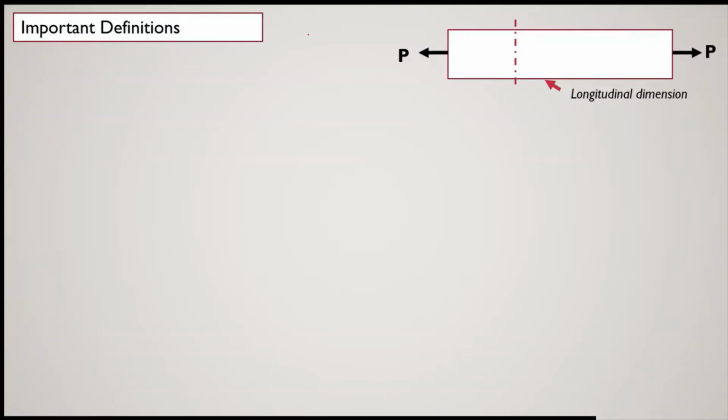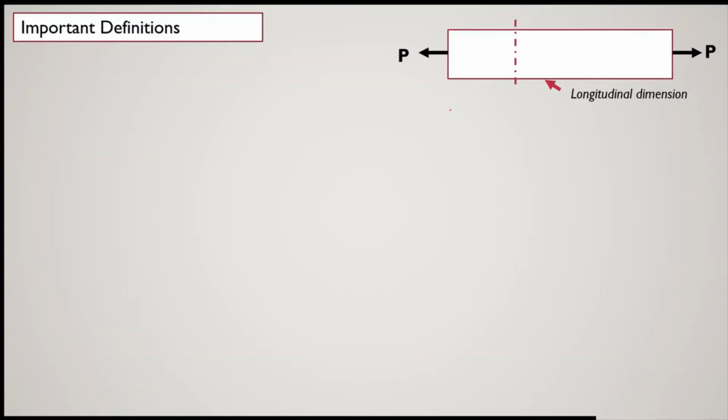When some load, in terms of force, is applied on it, what will happen to this material? Suppose this is a rectangular steel bar and you are applying some force, which may be tensile, compressive, or any type of force. Then what will be the actual behavior of this material?